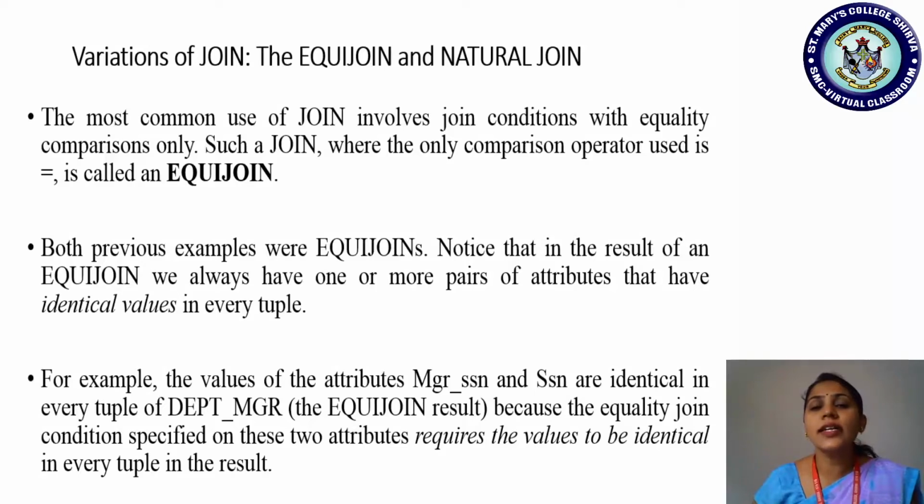Okay, so notice that in the result of an equi-join, we always have one or more pairs of attributes that have identical values in every tuple. So whenever we perform this equi-join operation, in the result relation we find at least one or more pairs of attributes which have identical values in every tuple.